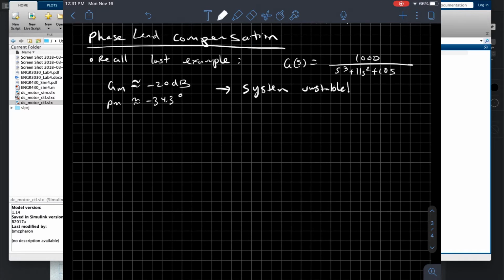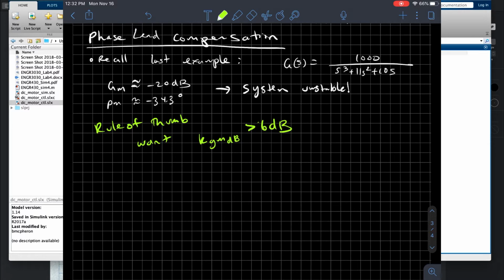Now, before we think about how we might improve this, the first thing I want to point out is that we can use a really nice rule of thumb for system stability. That rule of thumb is that we want the gain margin in decibels to be greater than 6 decibels.